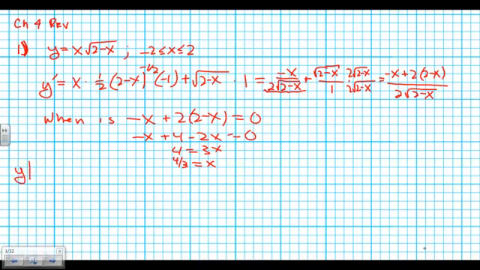Okay, so here's my end game. I want to find out what is the value of y when x is negative 2, one of the endpoints. So it's negative 2 times 2 minus a minus 2, or negative 2 times the square root of 4. It looks like it's negative 4.